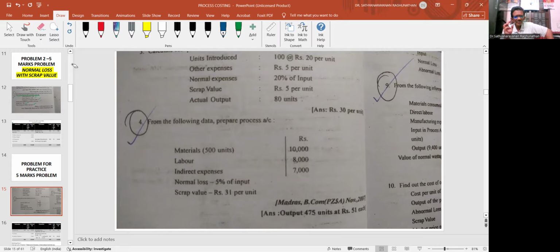Like how I have done the previous problem, similarly all of you do this particular problem in your notebooks and then please update your answer in the comments box. Let me verify and give you the feedback. Please take a screenshot of this problem.